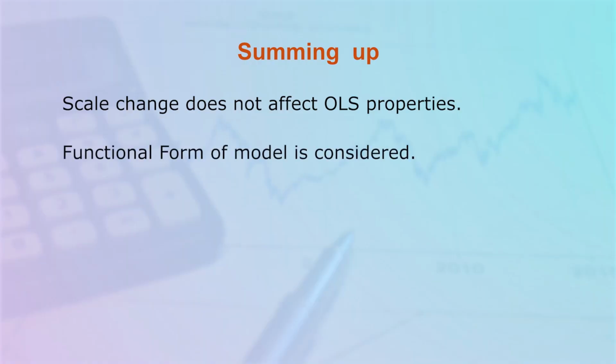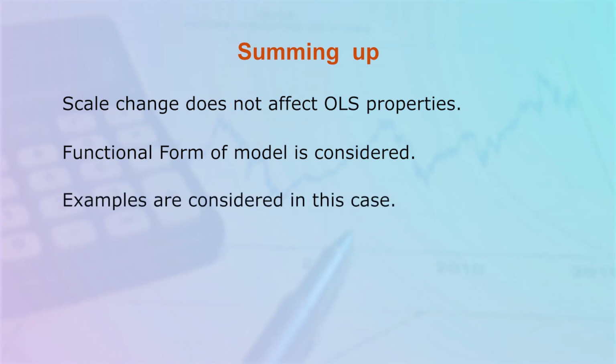The functional form of the model is considered because we have discussed 4 types of functional form: linear, log linear, linear log, and finally reciprocal. And adequate examples are also considered. So this module brings us to the discussion on the scale of measurement, and it emphasizes repeatedly that scale changes do not affect the OLS properties of the estimators.